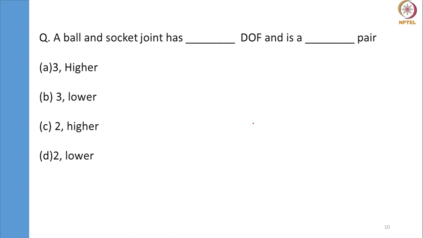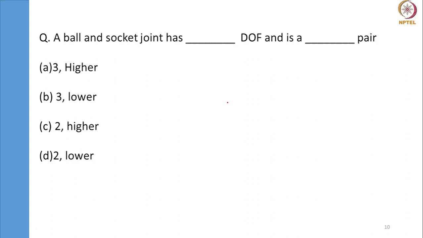Before we get into defining what a lower and a higher pair is, I'd like to define lower and higher pairs. Lower pair is the one where you have area contact, and higher pair is the one where you have a point contact. I'll give you a few examples of lower pairs and higher pairs after this problem.